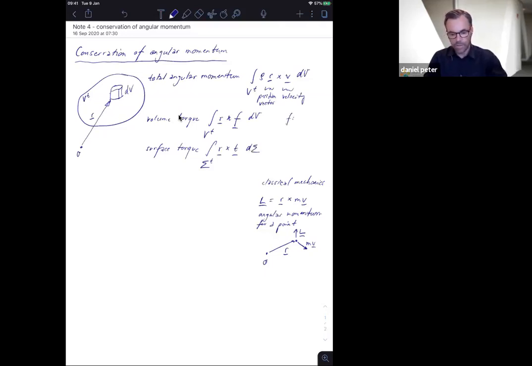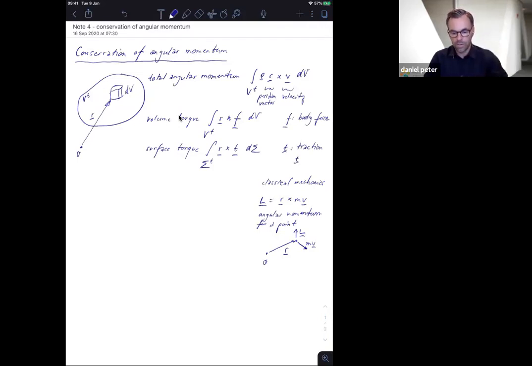So f is like from the previous conservation model. f is the body force. And small t here, that's the traction. If you remember from last time, traction is related to the stress tensor.